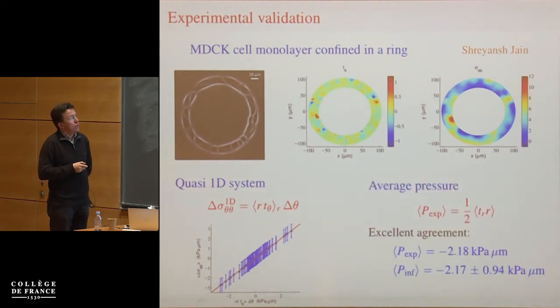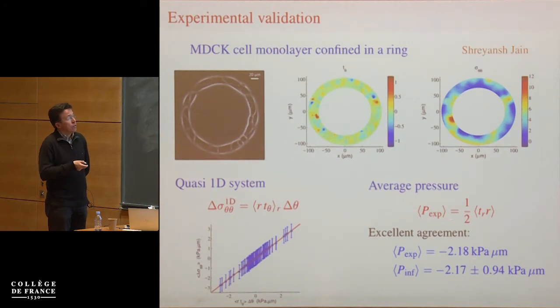Another check is that we do indeed obtain absolute values of the inferred stresses. In fact, in a case like this one, where the tissue is confined, we have stress-free boundary conditions along the boundaries of the tissue. Using these stress-free boundary conditions, it is easy to show by integration by parts of the force balance equation that the spatial averages of stress components can be computed exactly by using moments of the corresponding components of the traction force field.